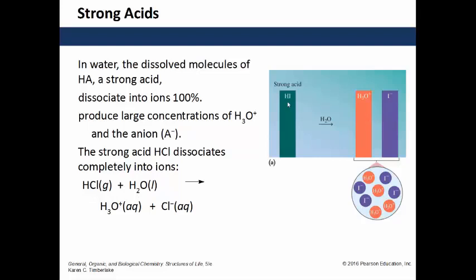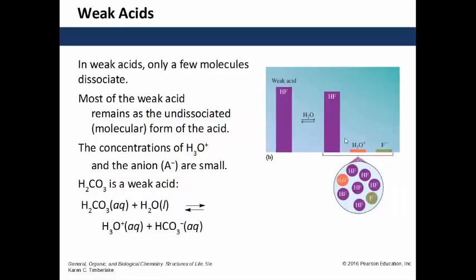Over here, the strong acid HI, hydrogen iodide, plus water, it'll give you a nice even split. That is a strong acid. For a weak acid, only a few molecules will dissociate. So the concentrations of the hydronium ion and anion that are produced are really, really small. For example, we talked about HF a few slides ago. When that's dissolved in water, you get a great majority of the HF still intact, but you still get some ions produced. So this is a very weak acid.